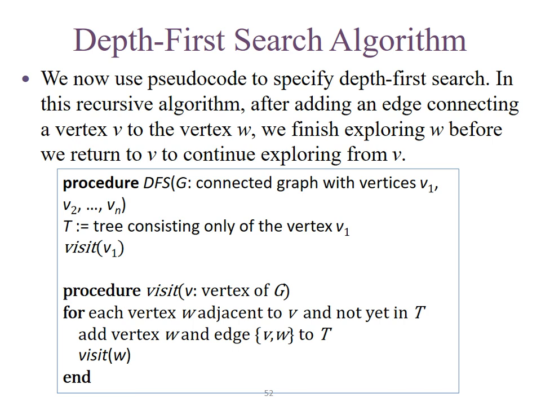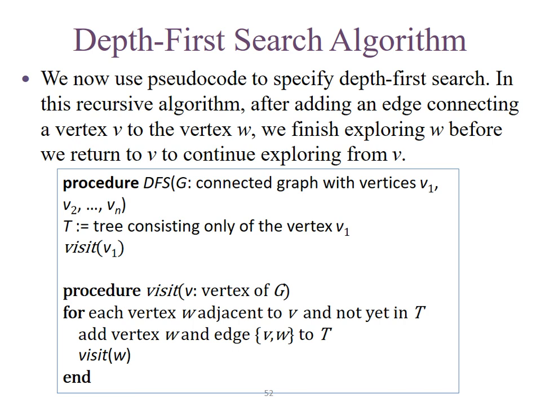And we have a for loop here: for each vertex w adjacent to v and not yet in the tree T, we add the vertex w and the edge vw to T, and then we visit w.